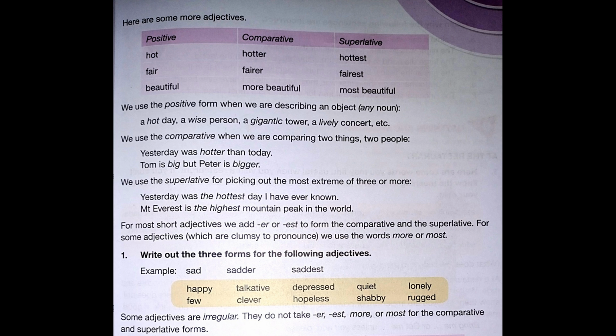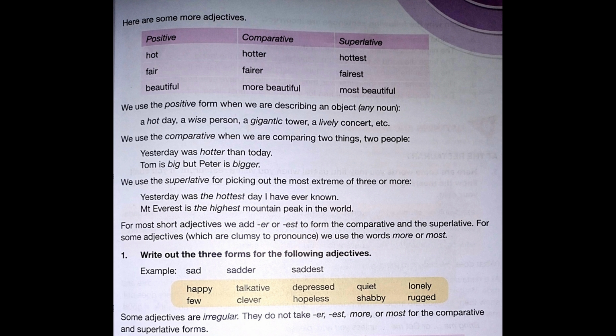We use the superlative for picking out the most extreme of three or more. Yesterday was the hottest day I have ever known. Mount Everest is the highest mountain peak in the world. For most short adjectives, we add er or est to form the comparative and the superlative. For some adjectives which are clumsy to pronounce, we use the words more or most.